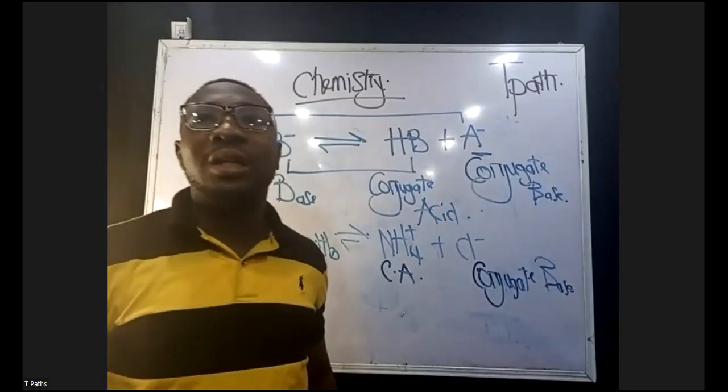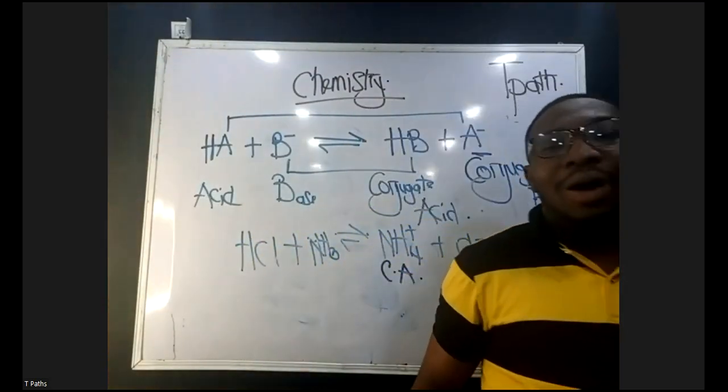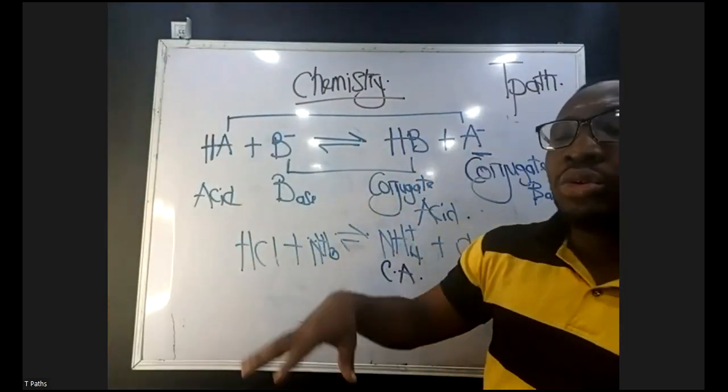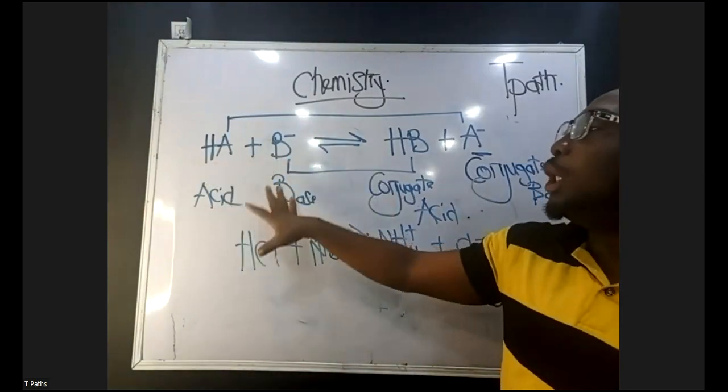The name of that constant is Kw. Kw is known as the water equilibrium constant.